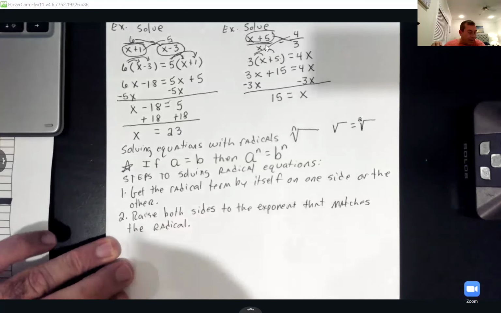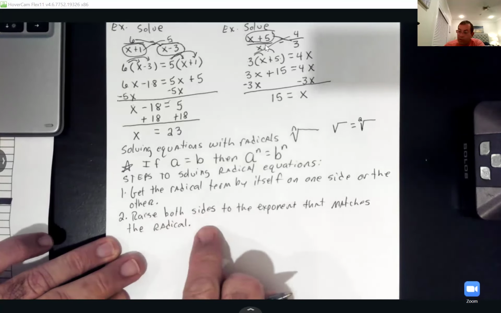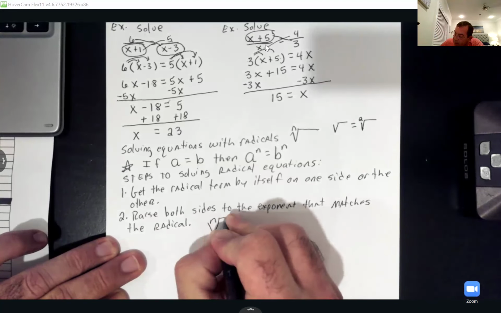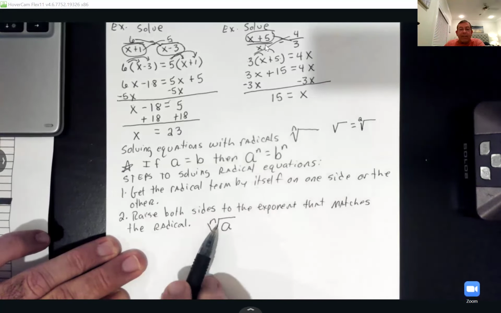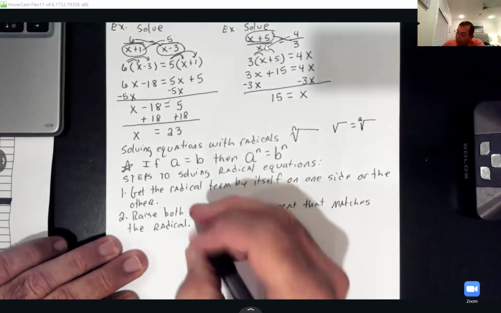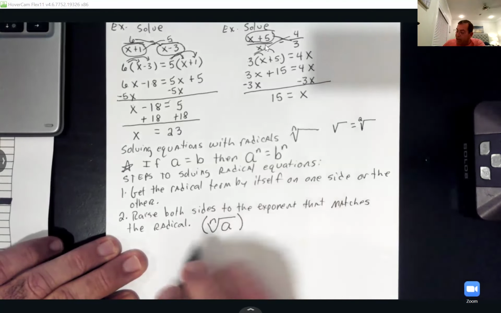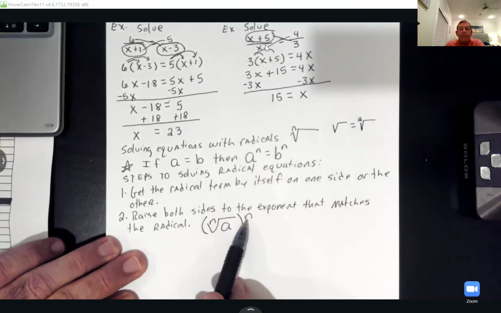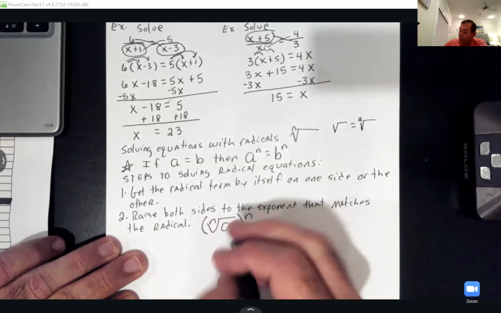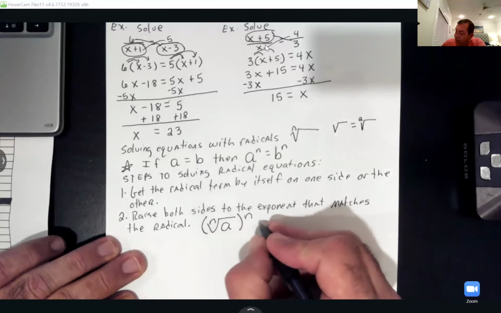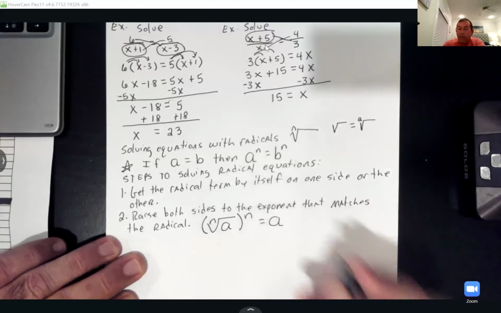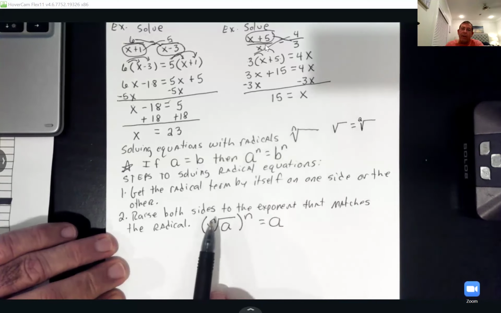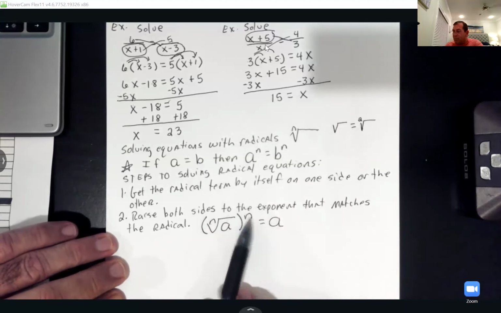The reason we're doing this is because we have a property that says if I have some root of a number and I raise it to the exponent that matches the index of that radical, they basically cancel each other out and it equals the a. So exponents cancel radicals, radicals cancel exponents, okay?